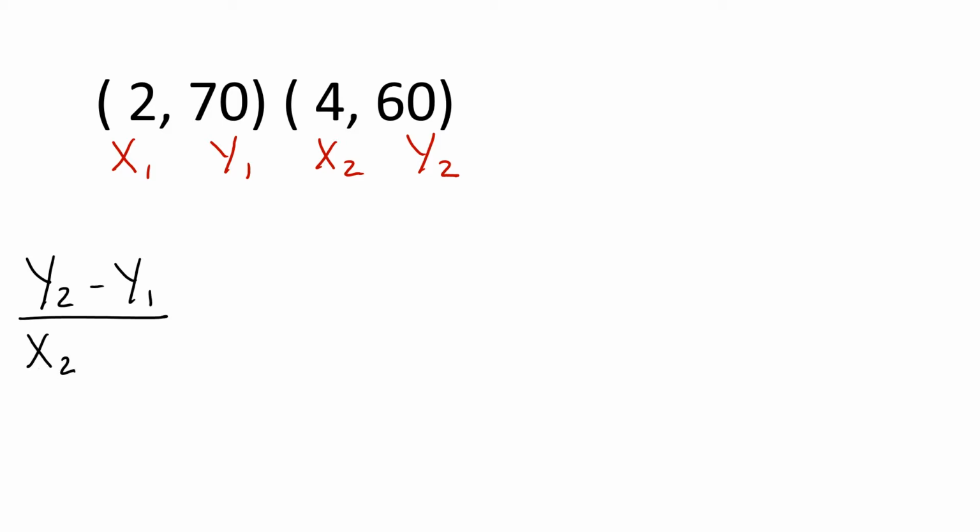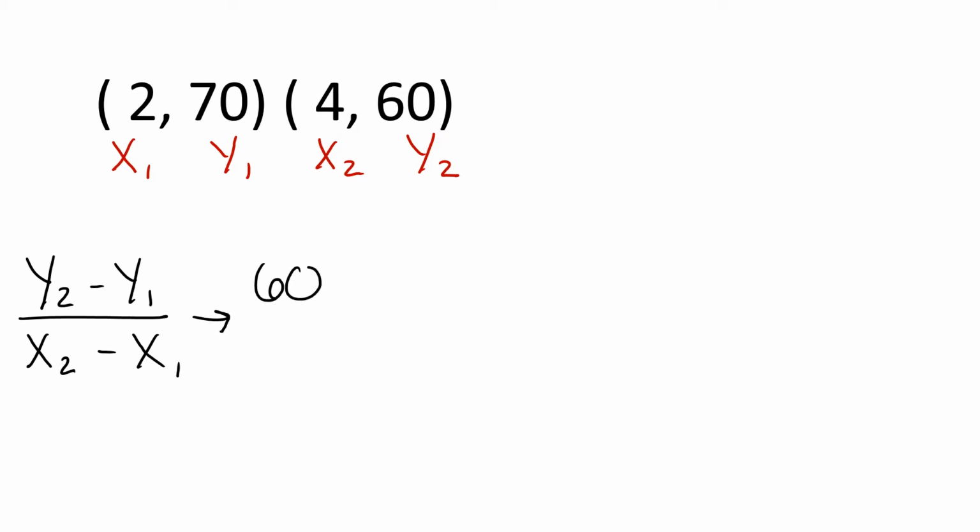For this problem, we have the point 2, 70 and 4, 60. We start by labeling them x1 and y1, x2 and y2. We use that to plug them into the slope formula, y2 minus y1 over x2 minus x1.